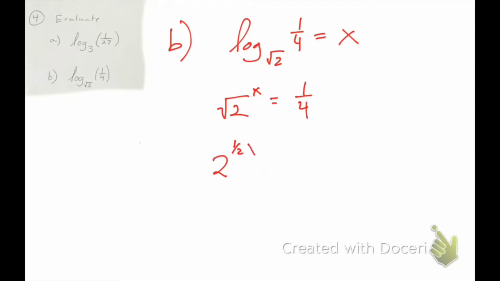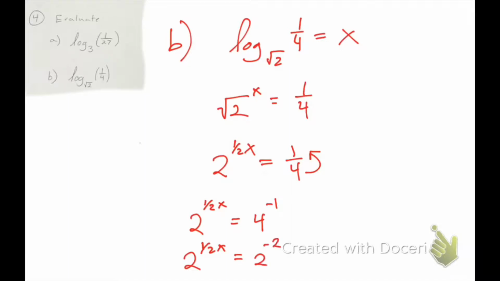So I don't want the radical 2 there. I want the base to be just the 2, and that will be equal to 1/4. Now I want to move the 4 up to the top. So I'm going to get 2 to the 1/2 x is equal to 4 to the negative 1. That flips everything. And then I know that 2 squared is 4, so I get 2 to the negative 2.